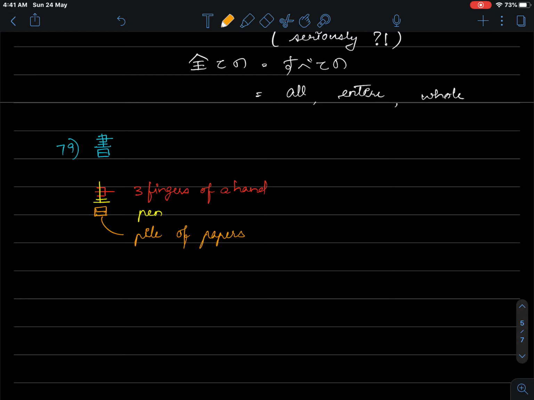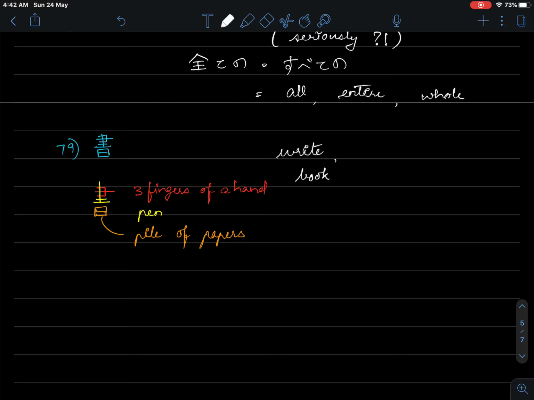So you're filling it out by hand. So what are you doing essentially? You are writing. Okay, so write is the meaning of this kanji. There is another meaning, and that meaning is book. Okay, book.